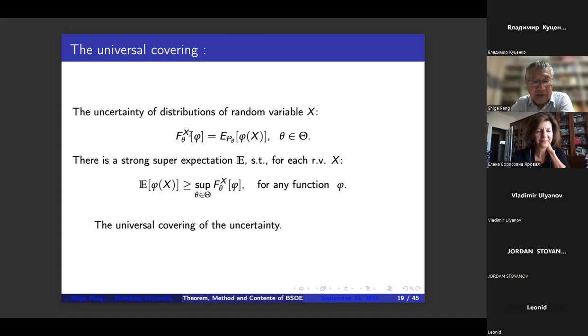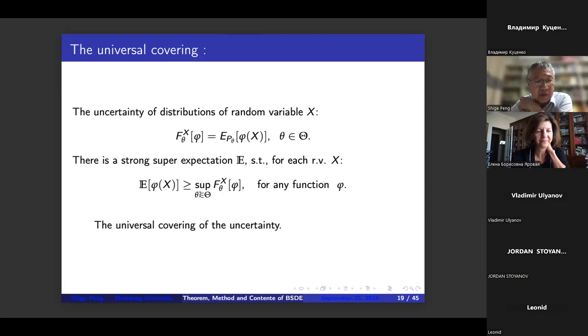Even for any given random variable or random vector x, we can have a strong sublinear expectation such that for each random variable x, this is bigger than all of these.